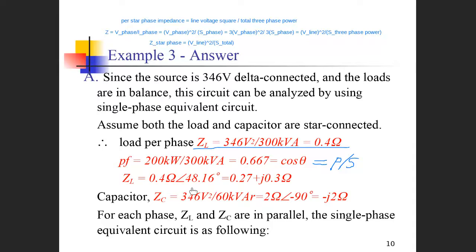The impedance angle can be determined from the power factor. Similarly, the capacitors can be determined from their total reactive power and line voltage, per star phase.